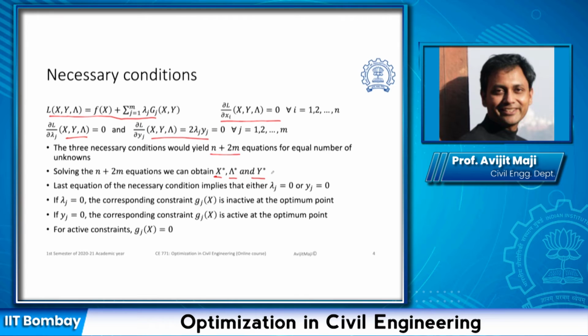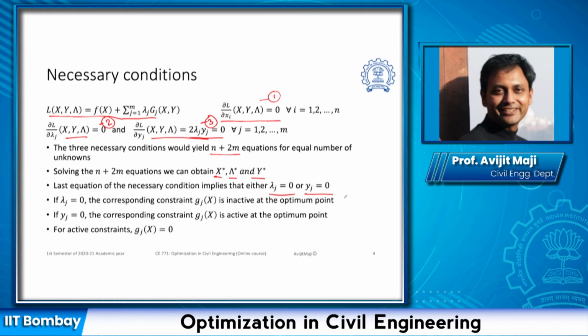Now one thing we can notice in the last equation of the necessary condition, so if this is equation number 1 for the necessary condition, this is equation number 2, and this is equation number 3. In this last equation, we see the term 2 times lambda j times yj is equal to 0. It indicates either lambda j is equal to 0 or yj is equal to 0.